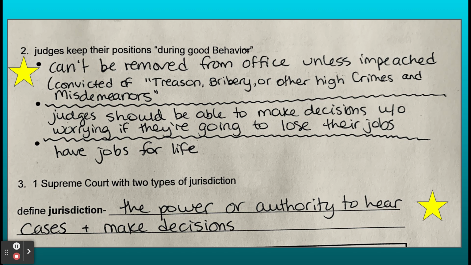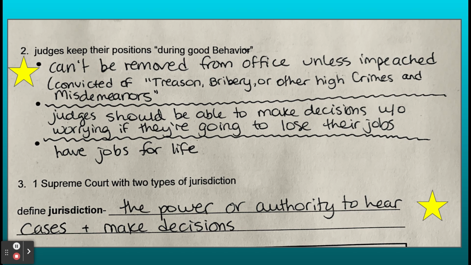Anyway, so they have to do their job and not be impeached or accused of any of those crimes there. The idea is judges should be able to make decisions without worrying if they're going to lose their jobs or have to be reelected. So that's that. A little similar to the fact on the last slide.